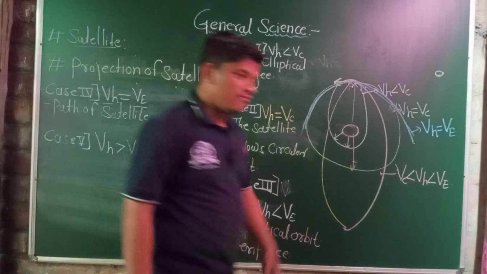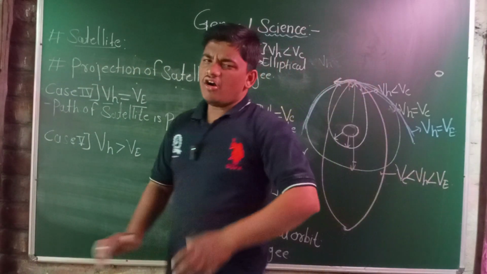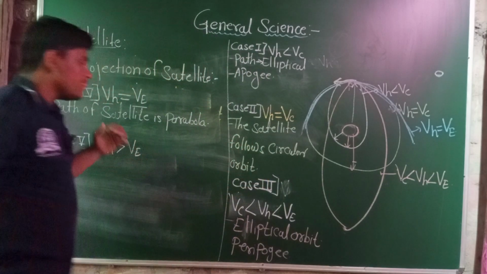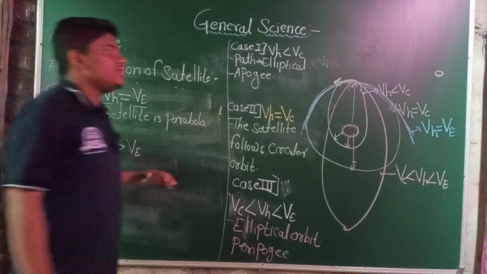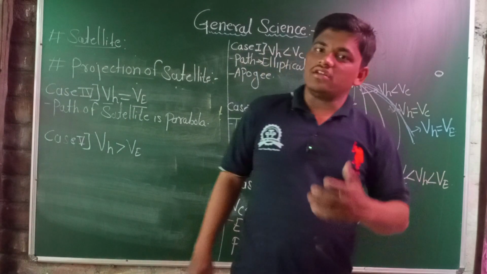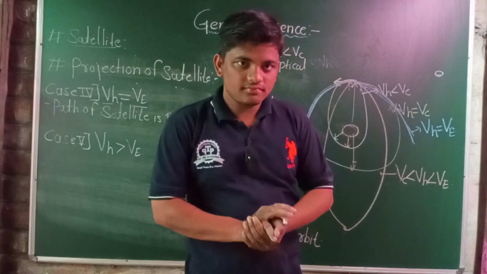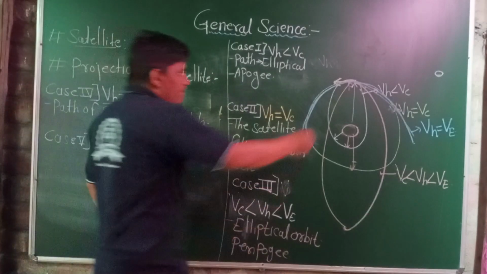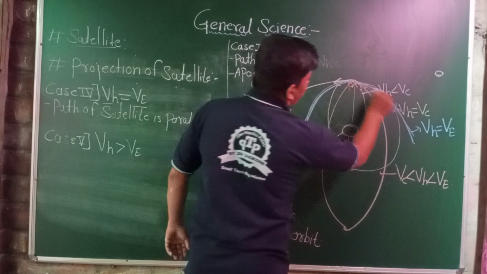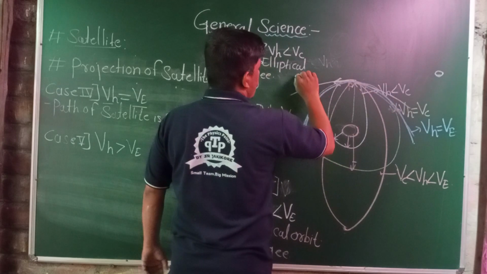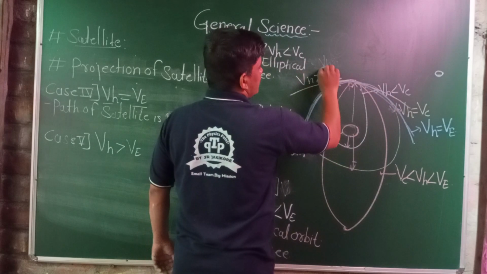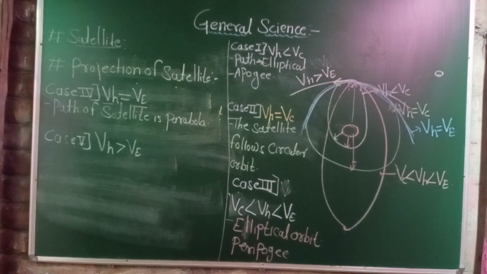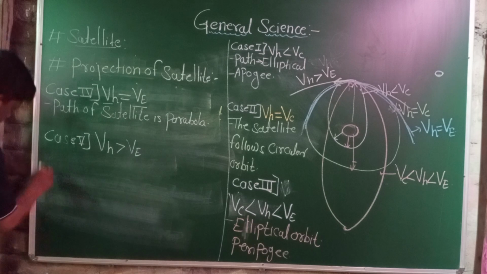If we apply a velocity much greater or slightly greater than the escape velocity, then at that time it will escape from the Earth's gravitational influence, and the path will be a hyperbolic path. Vh is greater than Ve. This is path number 5. This is the hyperbolic path.